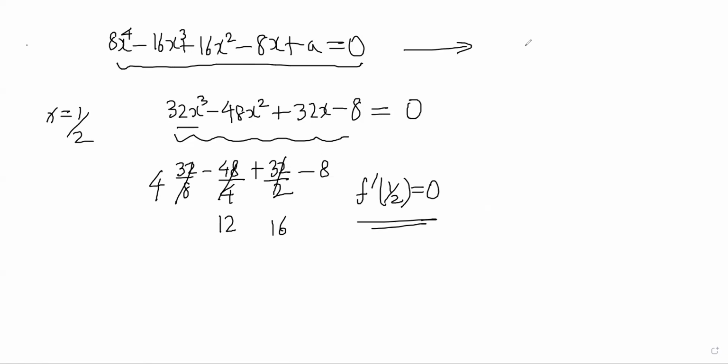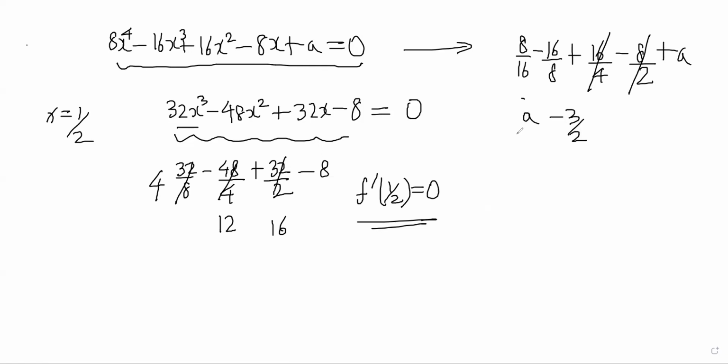At x equal to half, if you take the value of this function, it is 8 by 2 to the 4, that is 16, minus 16 by 8 plus 16 by 4 minus 8 by 2 plus a. You have 1 by 2 minus 2 plus 4 minus 4, so minus 3 by 2 plus a, that is a minus 3 by 2. If a is greater than 3 by 2 and the minimum value is above 0, you have the first case.